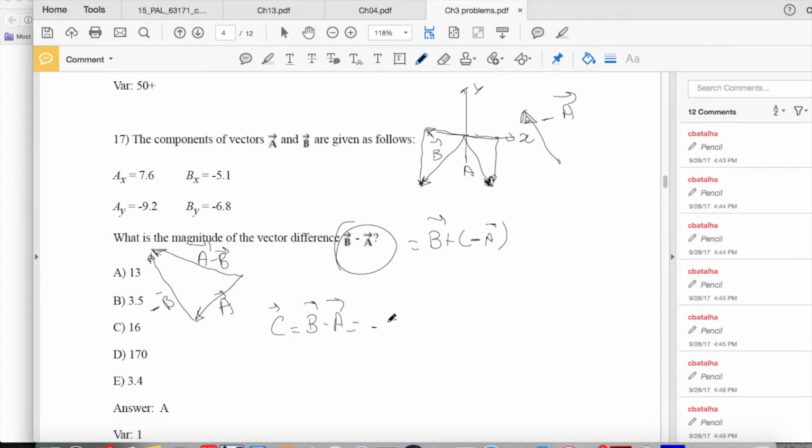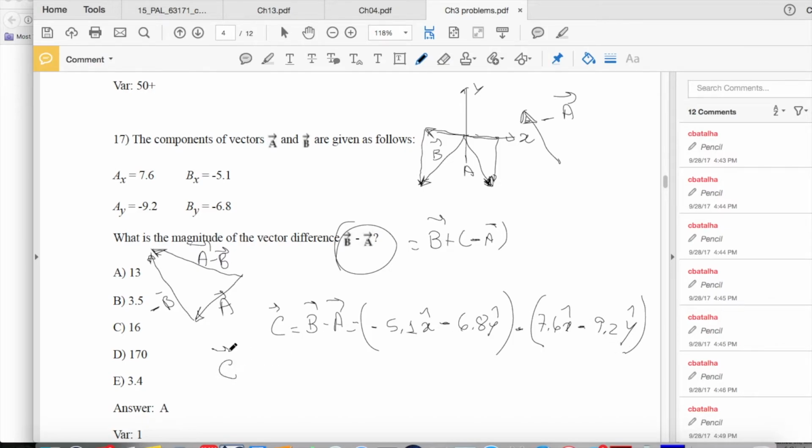B is negative 5.1 in the direction X minus 6.8 in the direction Y. So here's my vector B, minus, what is my vector A? 7.6 in the X direction, minus 9.2 in the Y direction.